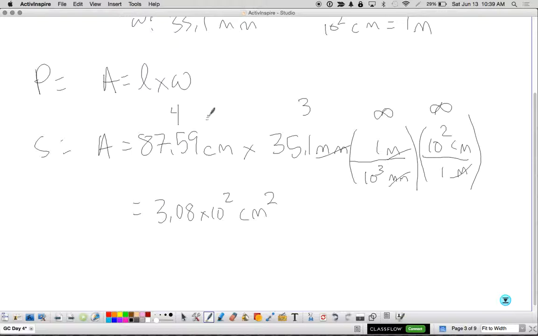Basically just by saying this is 9 times 10 to the first, and this is, let's say, 4 times 10 to the first. So 9 times 4 is 36, so that's 36 times 10 to the 1, 2.